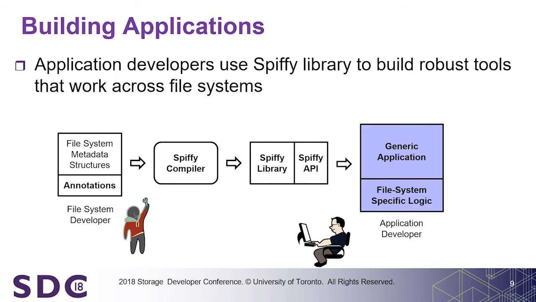Lastly, the application developers can use the Spiffy library to build robust tools. Since the Spiffy library is standardized for all annotated file systems, it is easier for developers to build applications that work for multiple file systems.